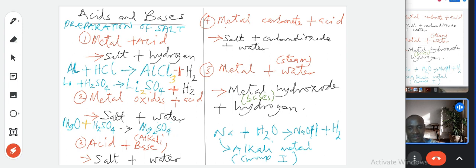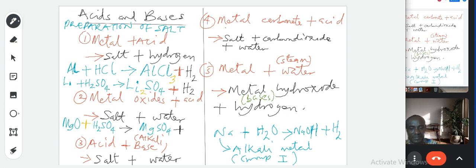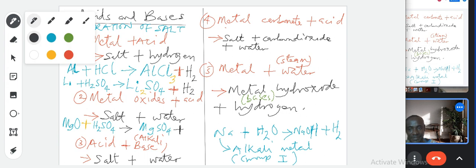So this is the way it should be, just MgSO4. Alright, that's the salt, MgSO4. Then plus H2O.